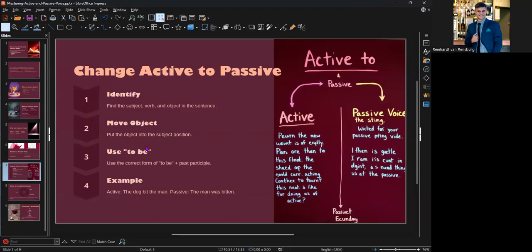And then number 4 would be to optionally add "by" plus the original subject. So: the classroom was cleaned by Tom. The process works for most verbs in the past, present, or future tense.